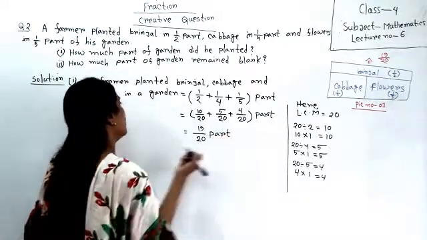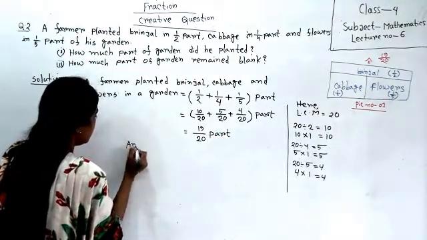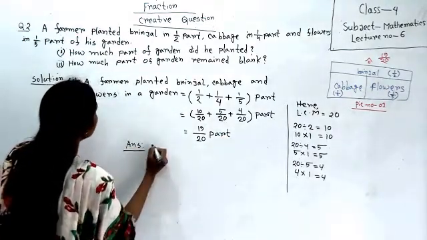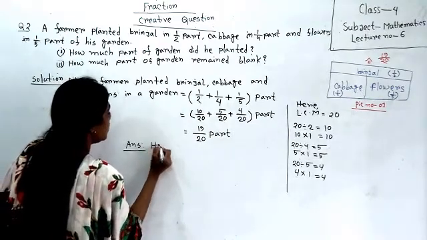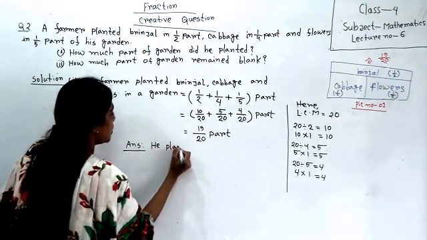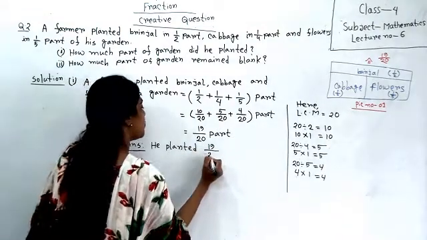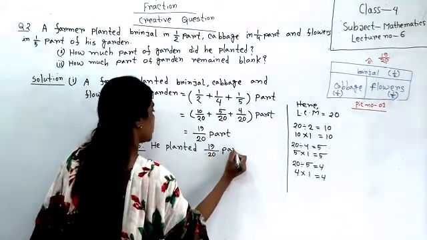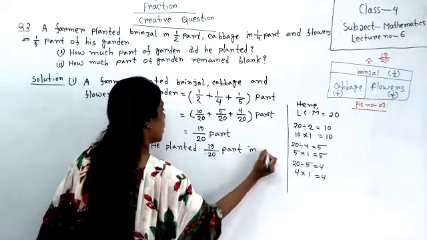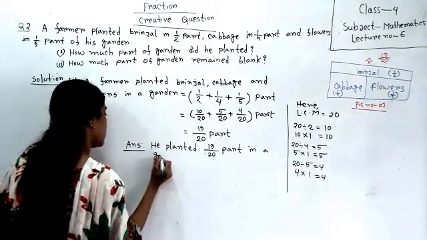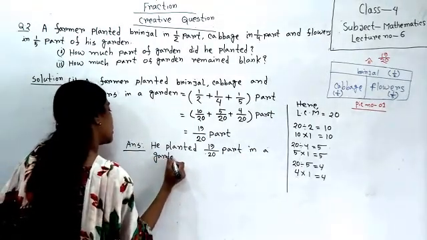Answer: he planted 19 divided by 20 part in a garden.